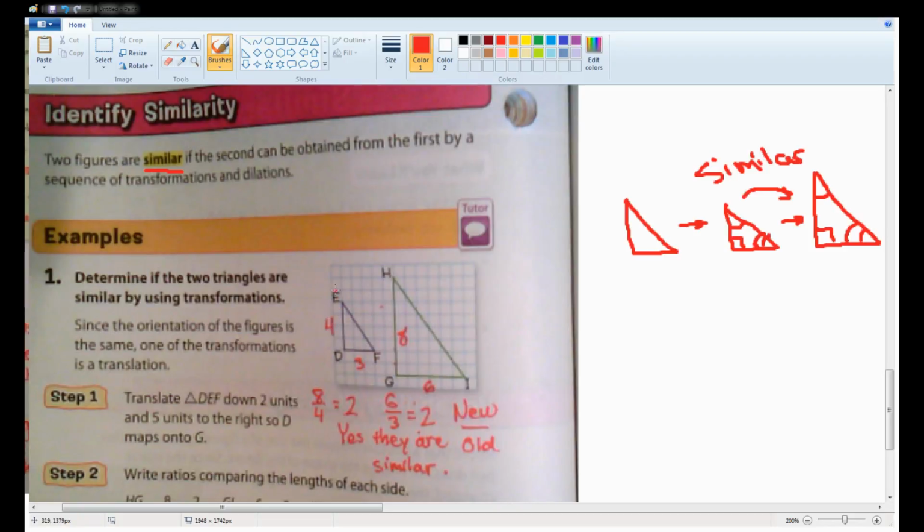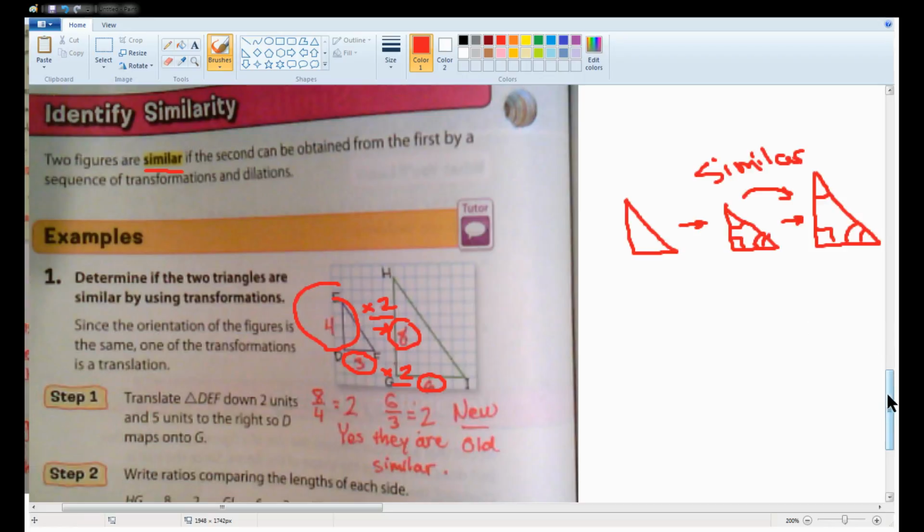Well, I noticed that this side has 4 units, and you can just count the squares, and it changed to this side that was 8 units. That means it's multiplying by 2 each time. And I double check with the bottom. This side is 3 units, and it changed to 6 units. Again, it multiplied by 2. As long as it multiplies by the same number for all 3 sides, we know, yes, it's similar.